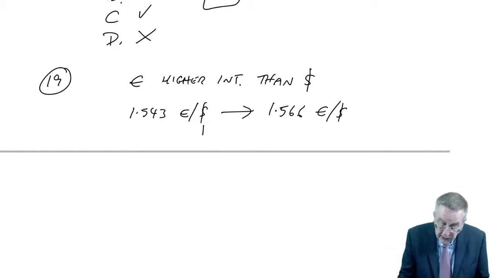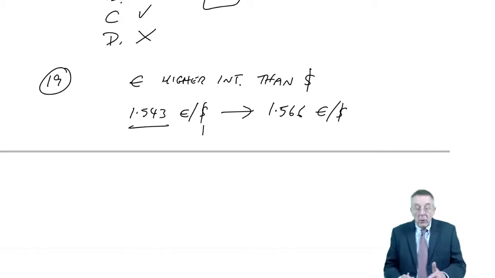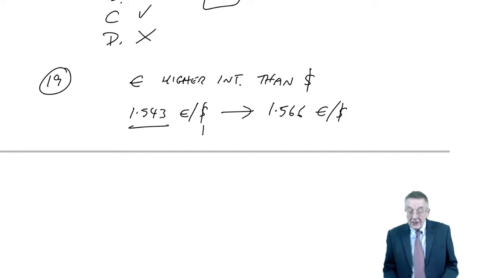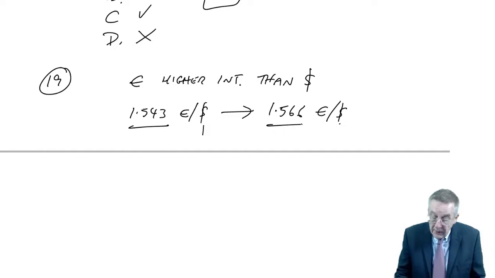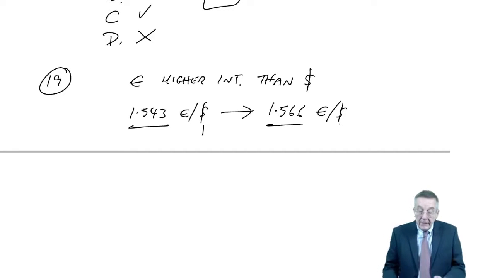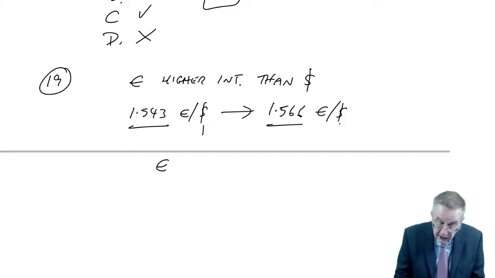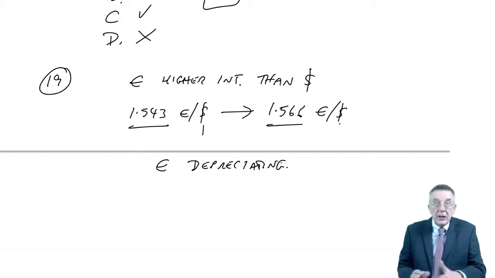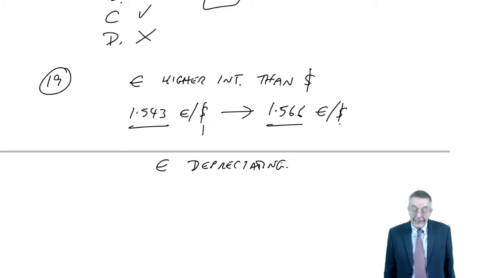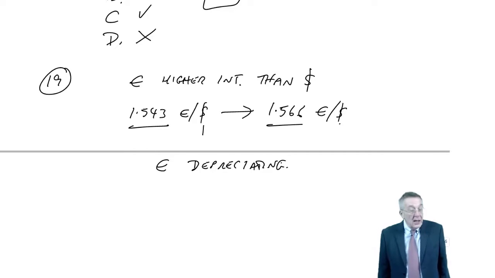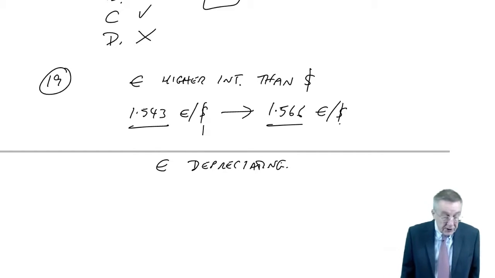At the moment, $1 buys 1.543 euros. The exchange rate, we think, is going to move so that $1 will buy more euros. And so the euro is depreciating. If a dollar's going to buy more euros, it means the euro's worth less. And so, look at statement 2.